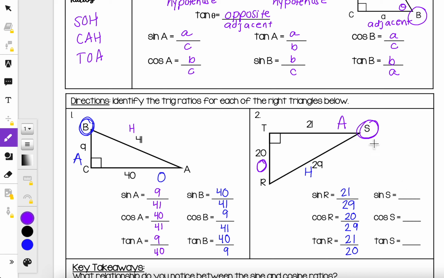All right, so the sine of angle S, opposite over hypotenuse, is 20 over 29. Cosine of angle S is going to be 21 over 29. And the tangent of angle S is going to be 20 over 21. Okay?